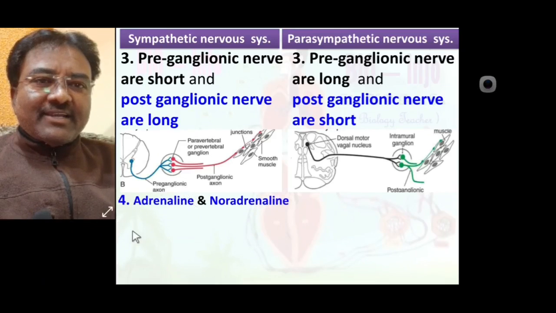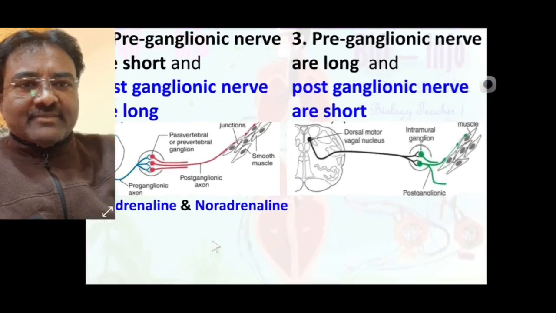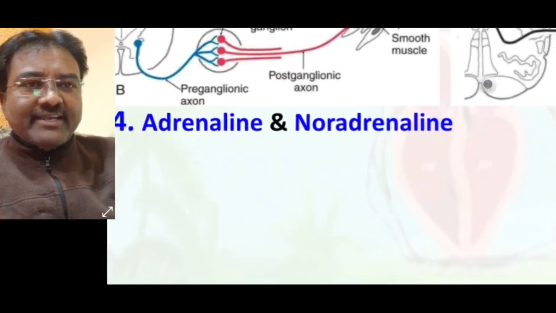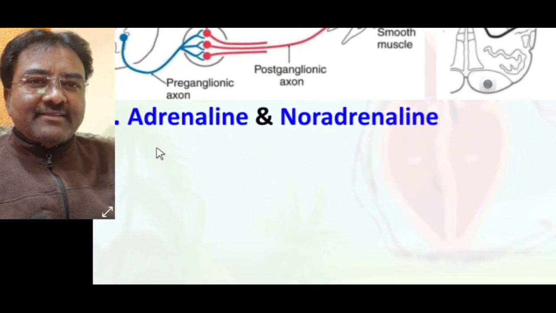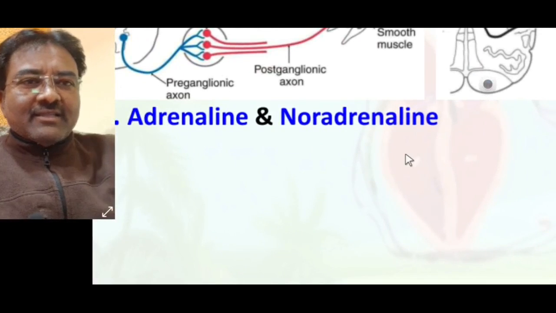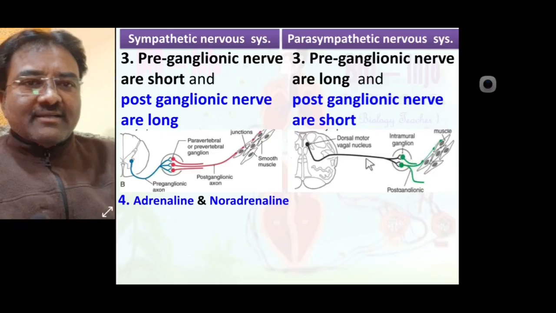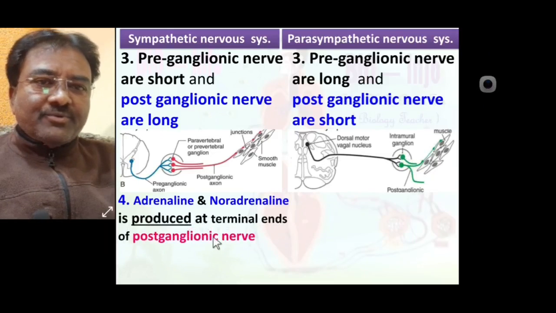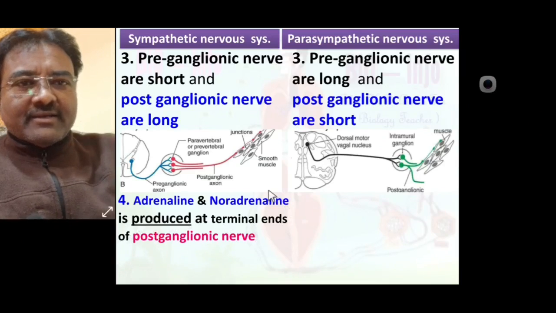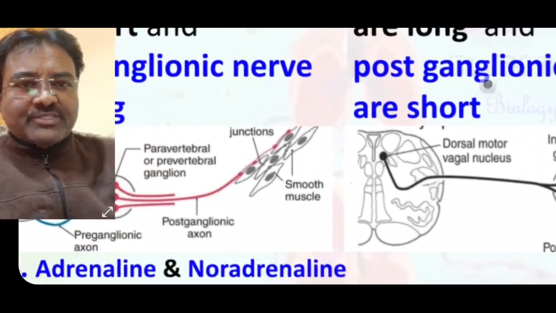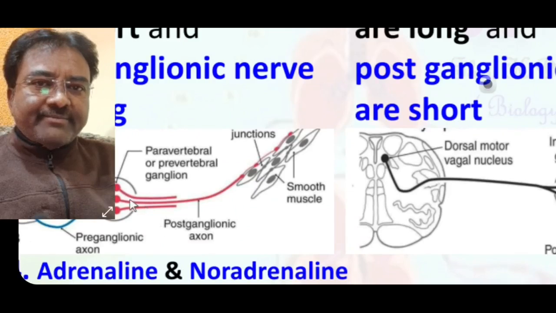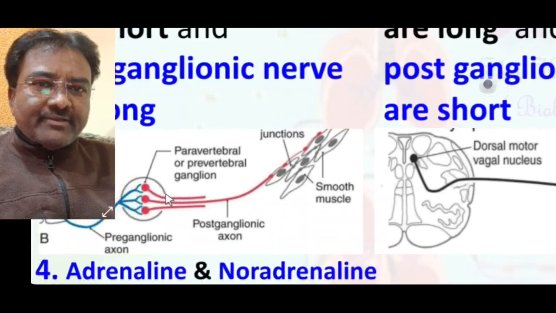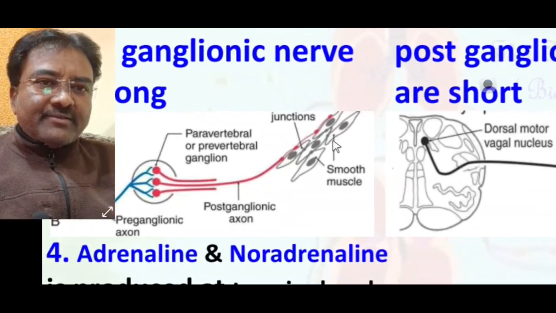Always remember, adrenaline and noradrenaline are produced at the terminal end of the postganglionic nerve. Seen here in the diagram, the postganglionic nerve is present between the autonomous ganglion and the effector organ.